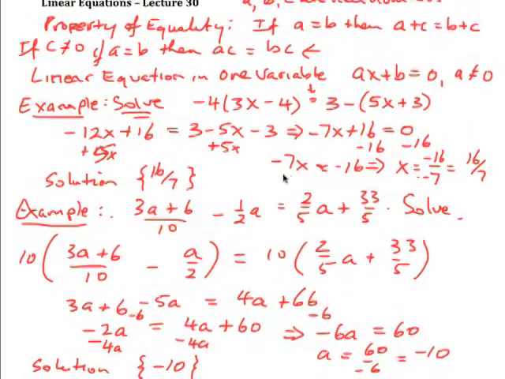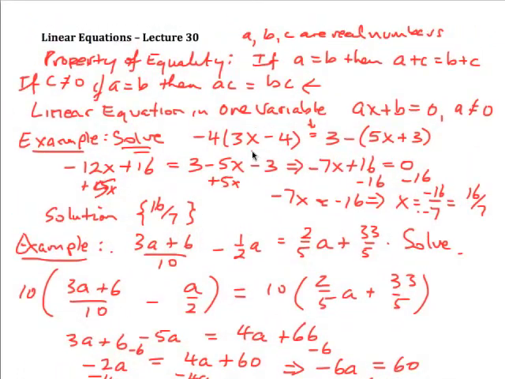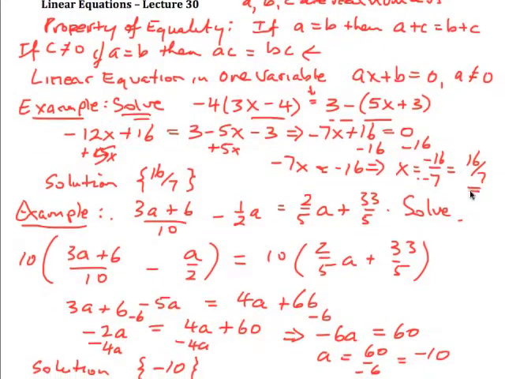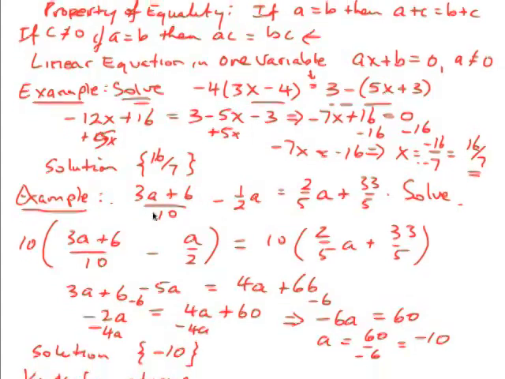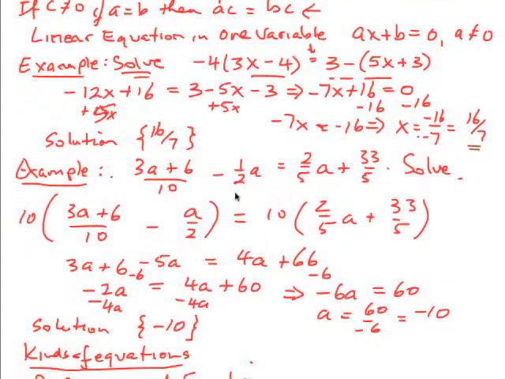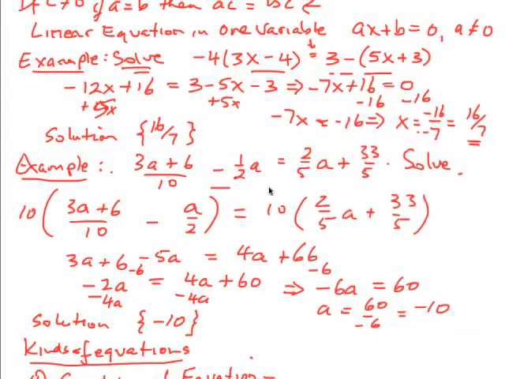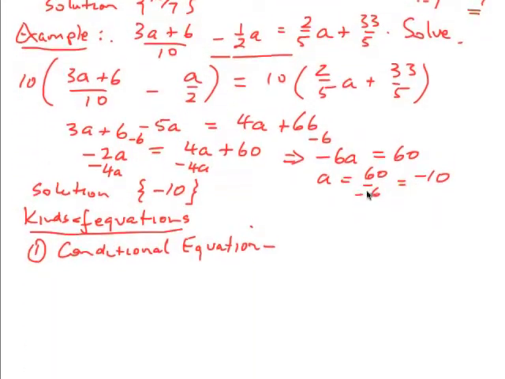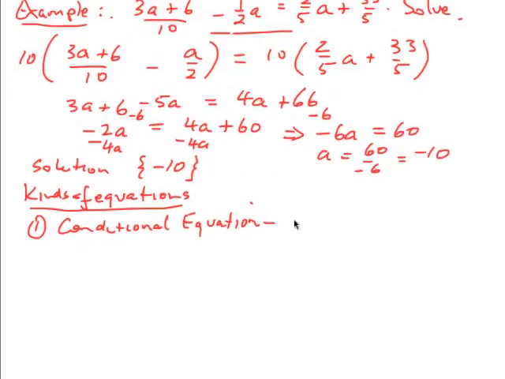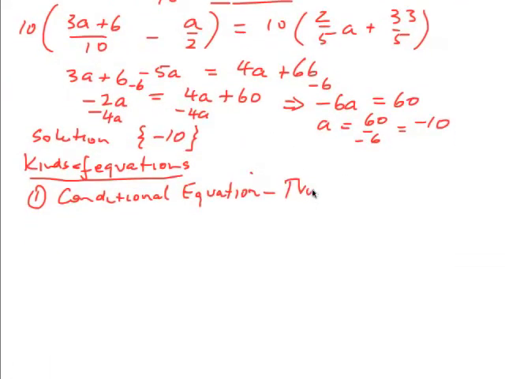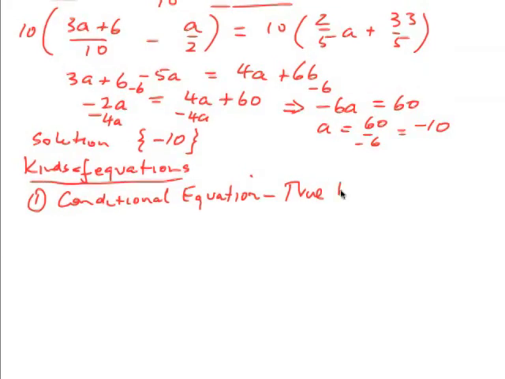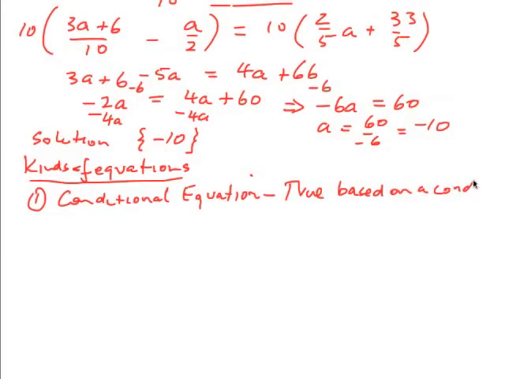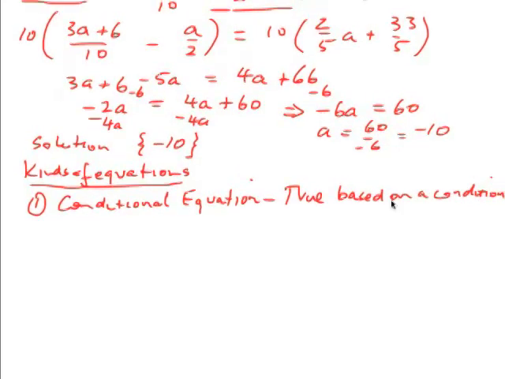For example, the first one up here is only true as long as x is equal to 16 on 7. Likewise with this second example, this equation is only true on the condition that a is equal to negative 10.